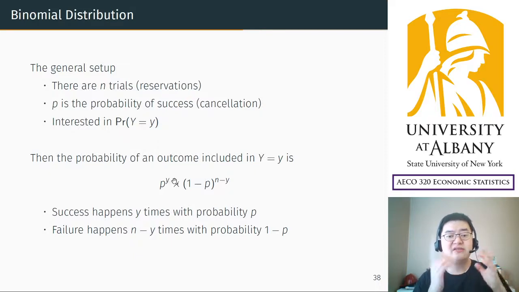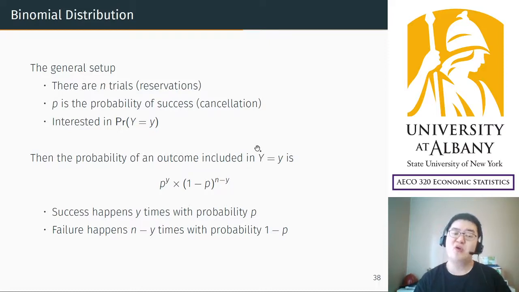Then if success happens y times out of n trials, that automatically implies there are n minus y failures. So the probability of failure is multiplied n minus y times, right? That's intuitive, but it's just one step. Now we have to think about how many different outcomes are included in this event.